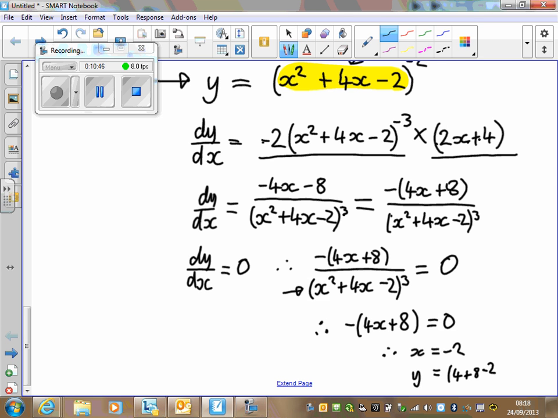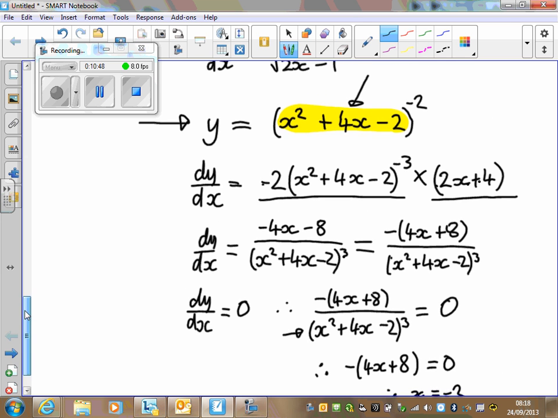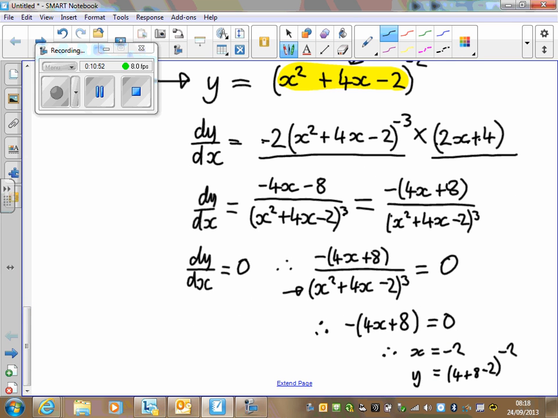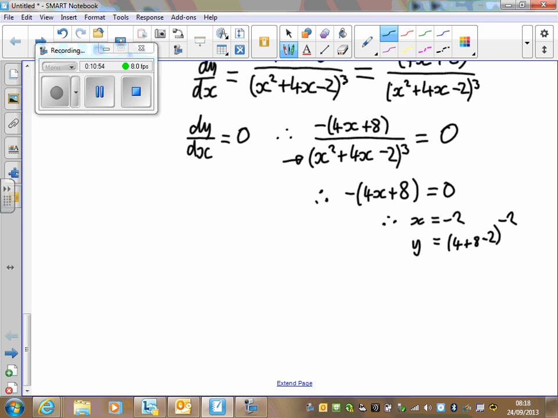And our y value for our stationary point is going to be minus 2 squared, which is 4, plus 4 lots of minus 2, which is minus 8, minus 2, all to the power of minus 2. Substituting it back in, just as we would in Core 2.